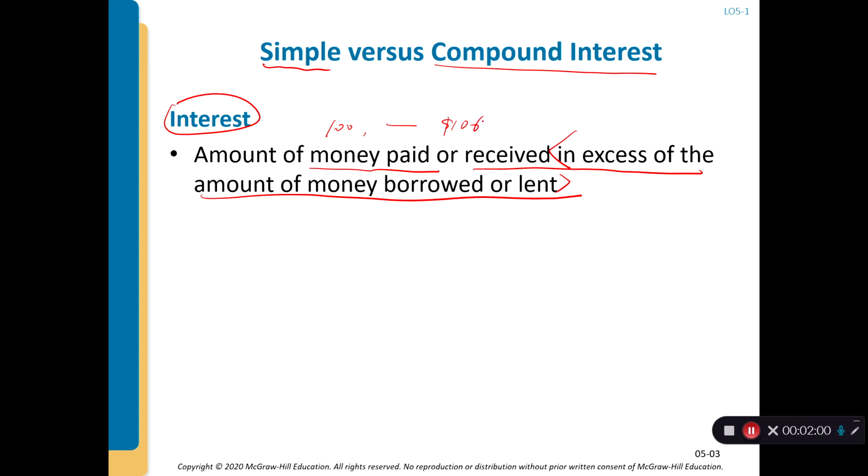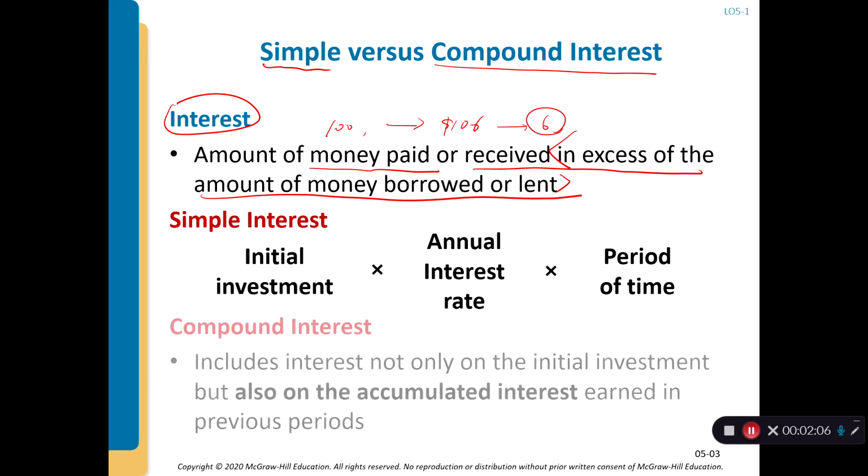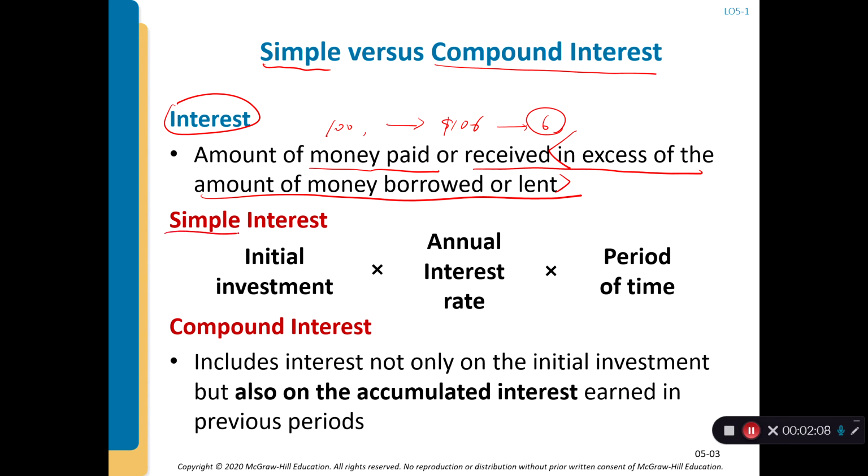That means the $6 here is the interest. Simple interest means that every period the interest you earn is exactly the same amount, no matter whether it is 10 years or 100 years, you only earn $6 a year.